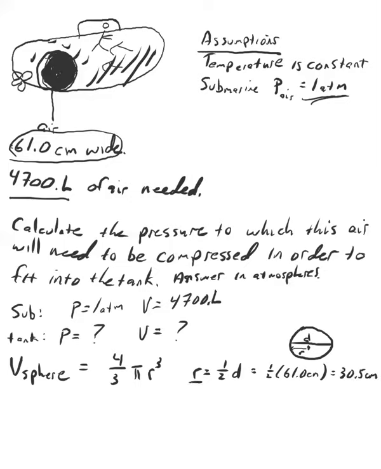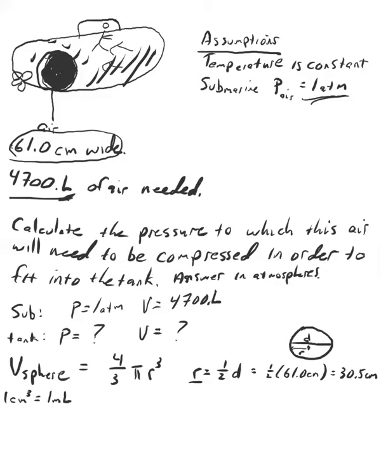Now, what you can do is ask yourself, well, what's a liter? And how does that relate? There are a couple of different ways you can do this. What I would recommend doing is just finding the number of centimeters cubed and then converting that to liters. And the reason we can do that is that 1 centimeter cubed is equal to 1 milliliter, right?